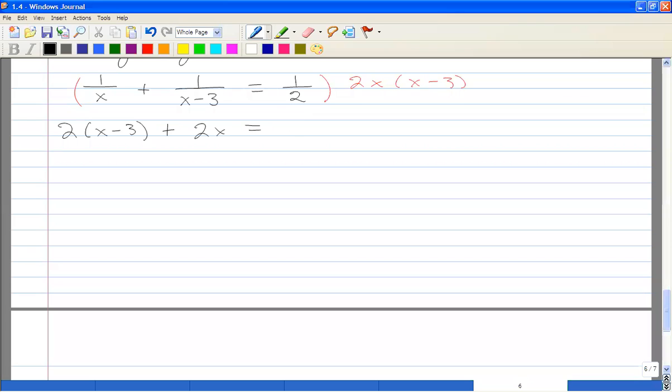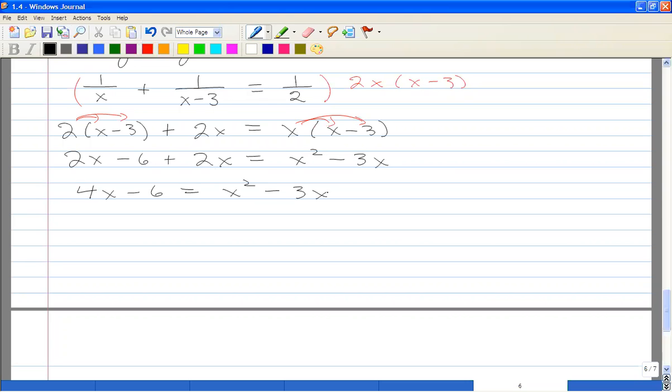The 2's cancel, so you get x times x minus 3. Multiply the 2x inside the parentheses. So you get 2x minus 6 plus 2x is equal to x squared minus 3x. So combine like terms, so I get 4x minus 6 equals x squared minus 3x.